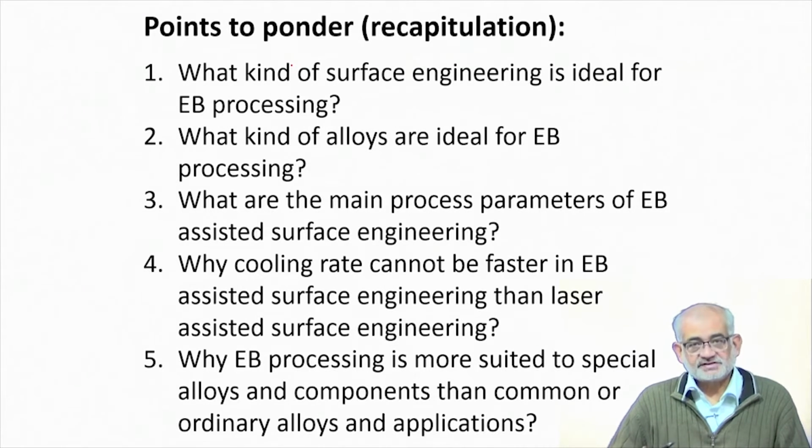Since the whole process is done at very high vacuum, it's quite possible that the cooling rate that we effectively get in case of welding or surface engineering using electron beam is not as high as one can get in, for example, laser processing.